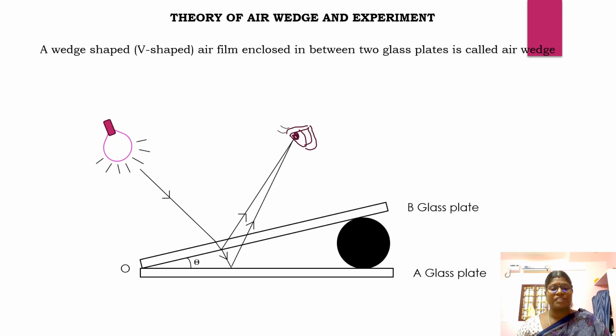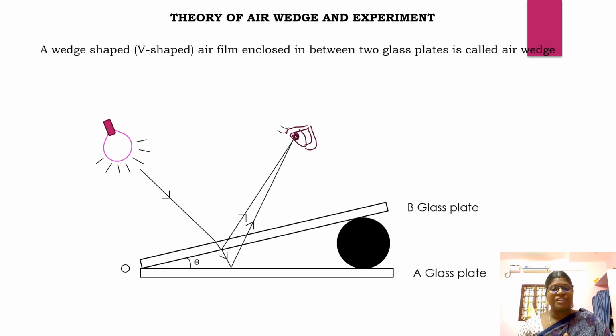The top surface of the air wedge, which means the bottom surface of the glass plate, reflects the light. As well, the top surface of the lower glass plate, which is the bottom surface of the air wedge, also reflects the light. These two reflected lights will interfere with each other. As a result, we will observe the interference pattern.